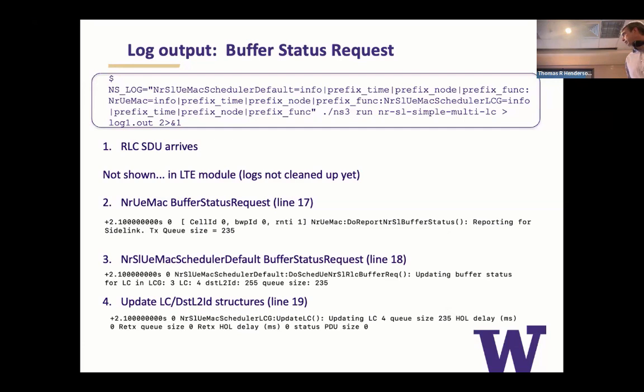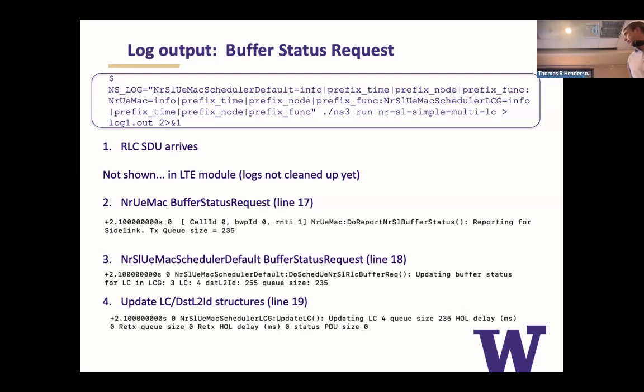And then the next line shows that the MAC is then directing this over into the scheduler. And basically the scheduler is logging that it got data in for this logical channel, which I'm using as index 4 in my model.